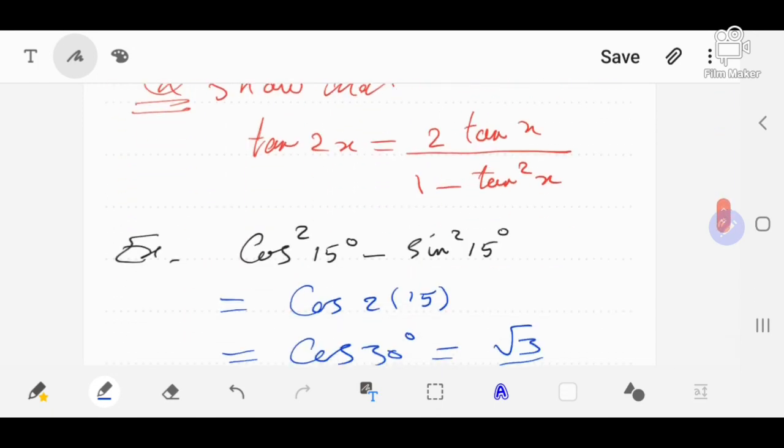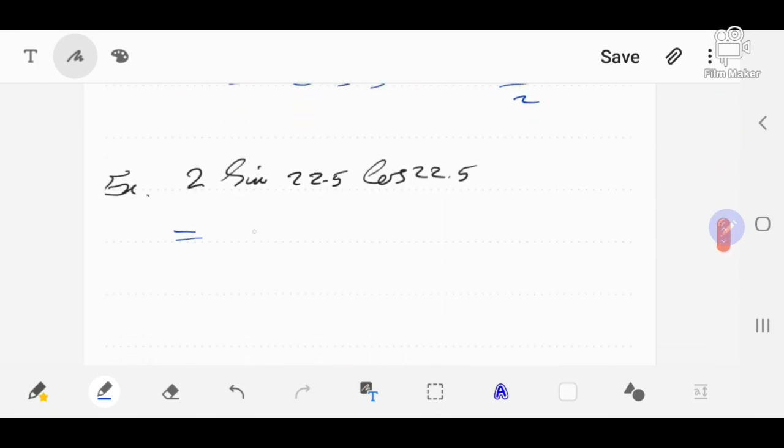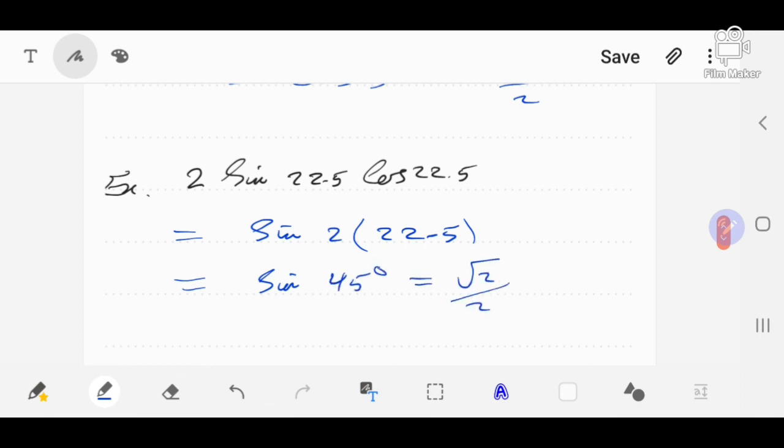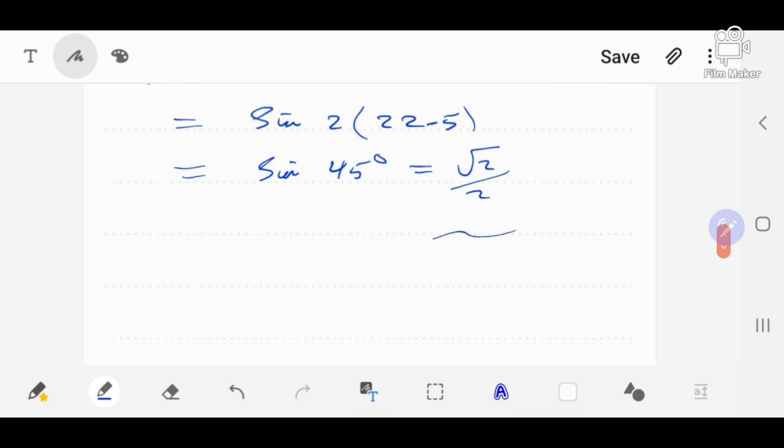So this will be sine 2 times 22 and a half, which means sine 45 degrees. So it's equal to radical 2 over 2. And that's it about double angle formulas.